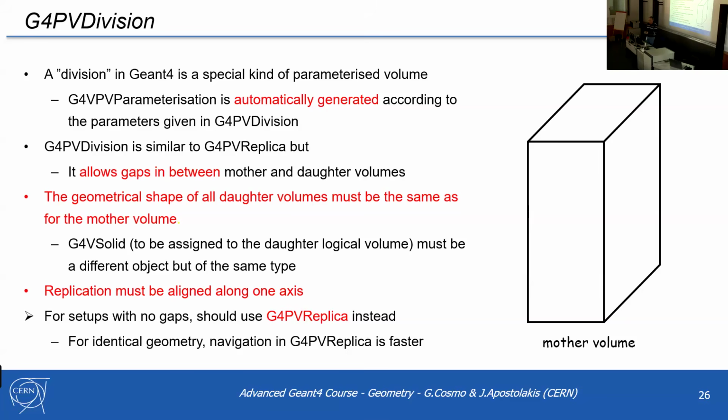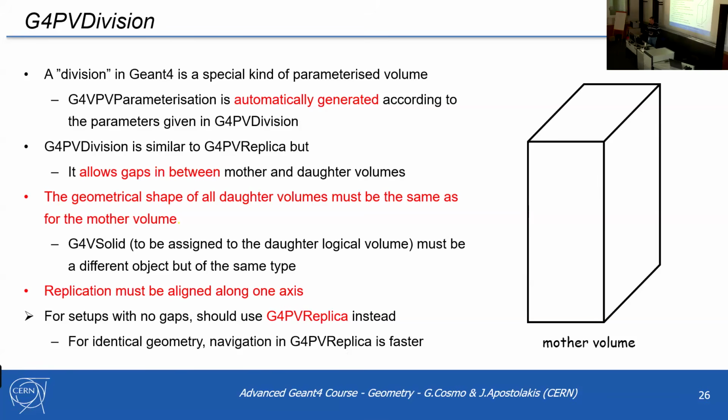So division is similar to a replica, with the difference that it can have gaps between the mother and the daughter volumes. As for replicas, it must obey the rule that the shape of the daughter volumes must all be the same as that of the mother volume, and the replication must be aligned along one axis.